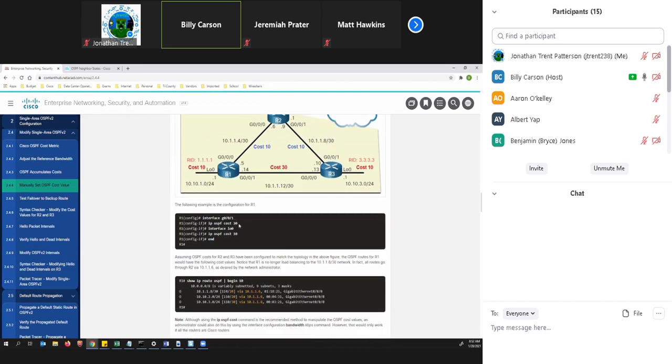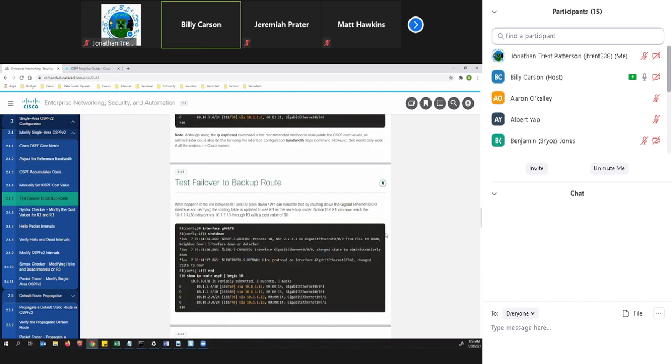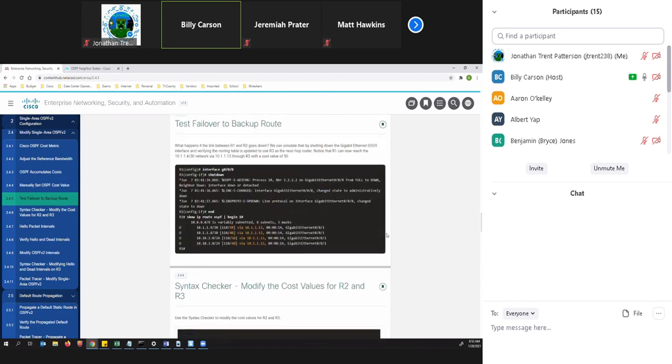Here's the interface, putting a cost here. If you place the cost in there like that, and also if you put that cost on the loopback address, you can see here how that changed it. Oh, test failovers.